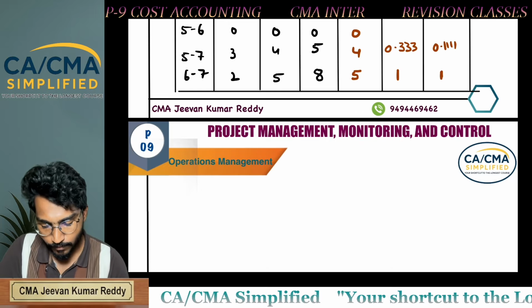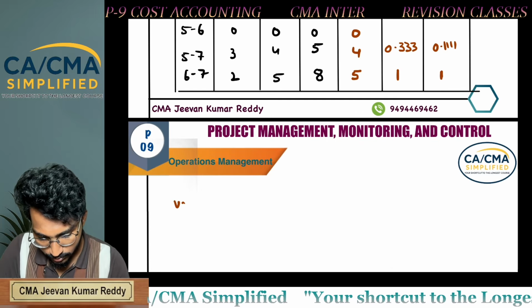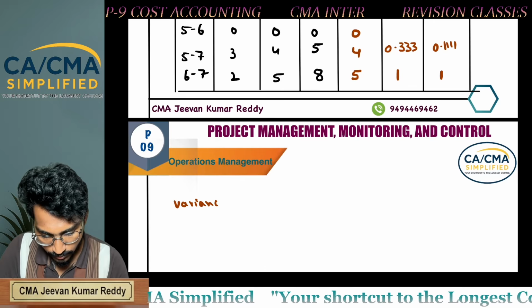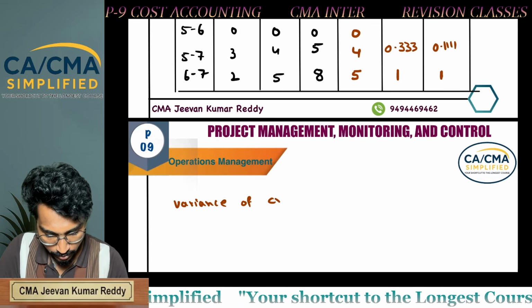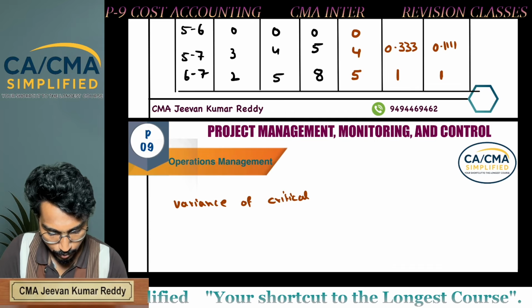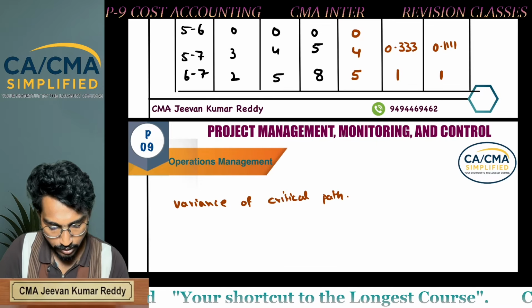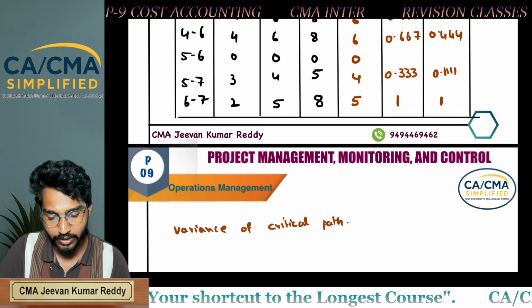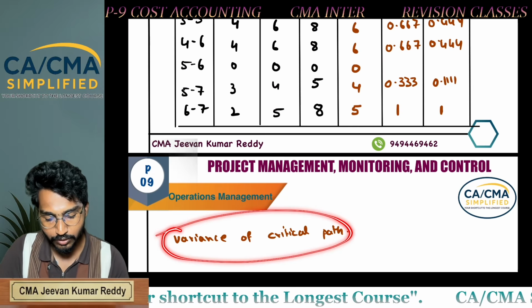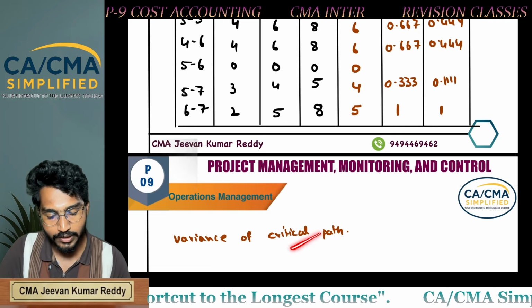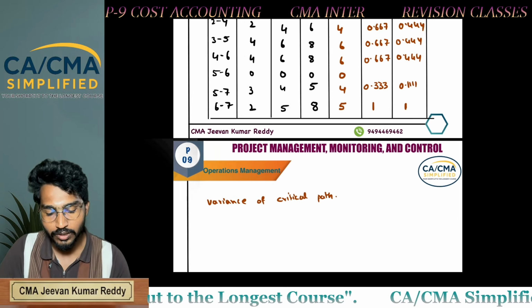Now you want the variance of the critical path. Before that, you need to know what the critical activities are. How to get the variance of the critical path? If you add the variances of all critical activities, you will get the variance of the critical path.